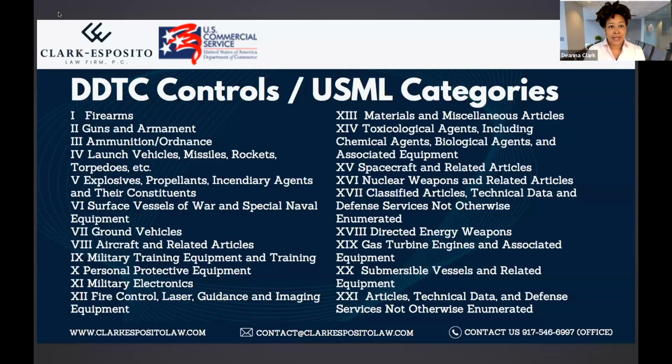Firearms, guns and armament, ammunition, launch vehicles, rockets, torpedoes, explosive propellants, surface vessels of war and special naval equipment, Category 8, aircraft and related articles, personal protective equipment, military electronics, toxicological agents, over on the right side, spacecraft and related articles, nuclear weapons.